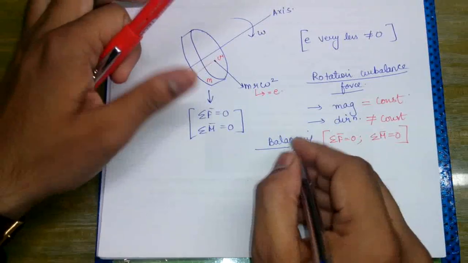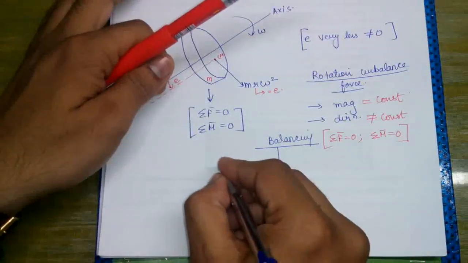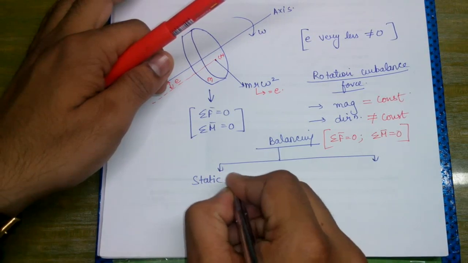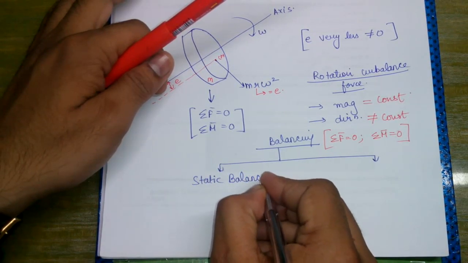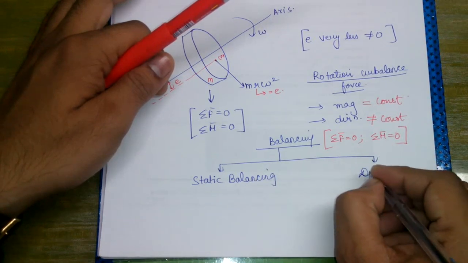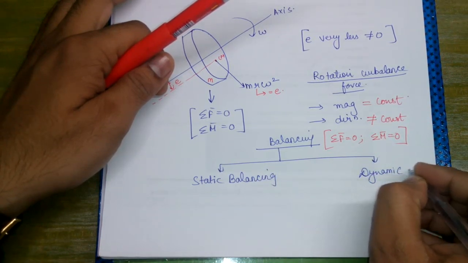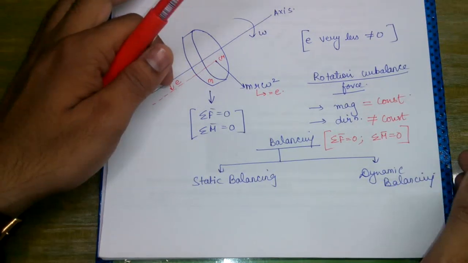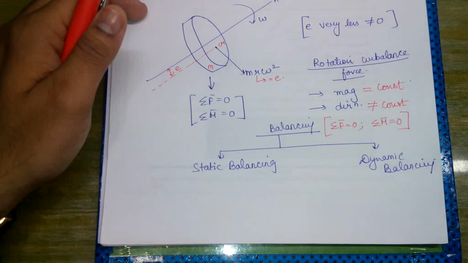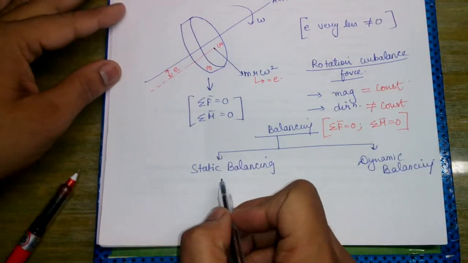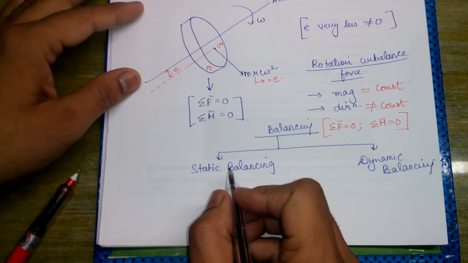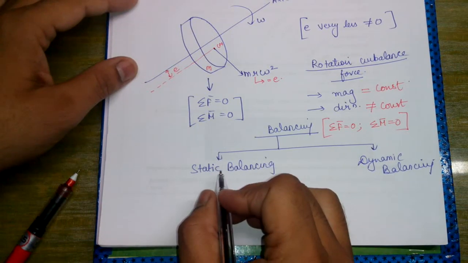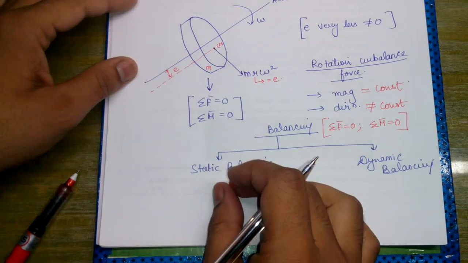In balancing we have two types: one is static balancing and the other is dynamic balancing. In static balancing, we are mainly trying to balance the forces, but moments are automatically balanced.